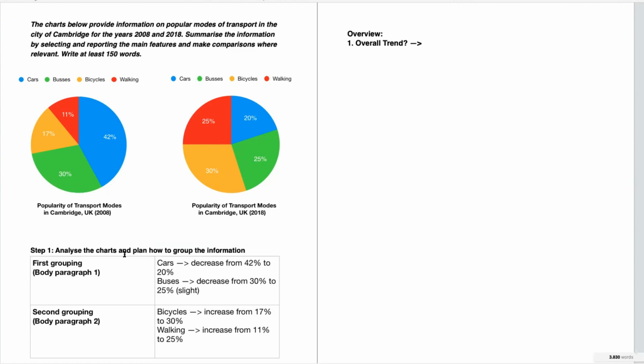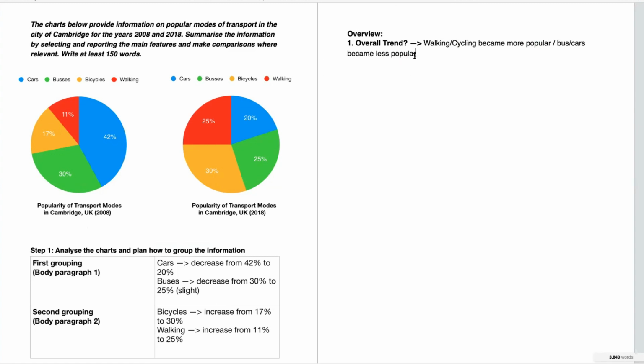And we understood that from analyzing the charts. So I'm going to write that and say walking and cycling became more popular, whereas the bus use and cars became less popular. Of course, I'm going to spruce this up and write in full sentences in my essay, but this is just to give us an idea.